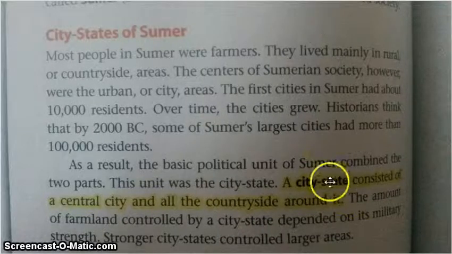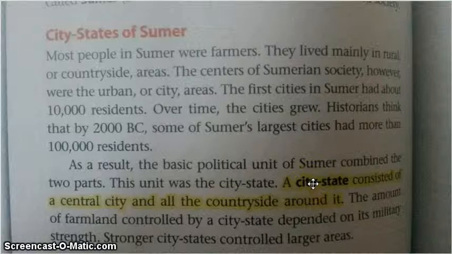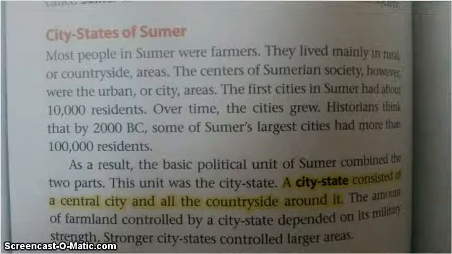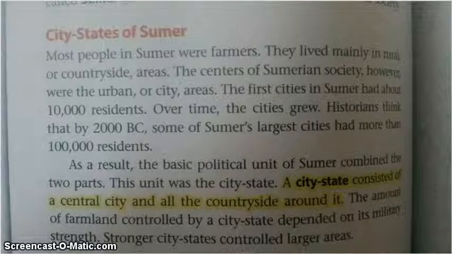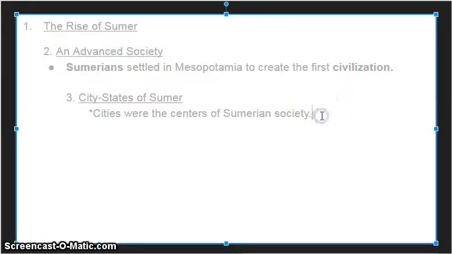So I'm going to choose city-state out of this paragraph, and I'm going to choose military strength, because I think that that's important to know that city-states were different sizes, and that largely depended on their military. Okay, so I'm going to go back to my outline. And in parentheses, I'm going to put the definition of that word so that I'll have it.